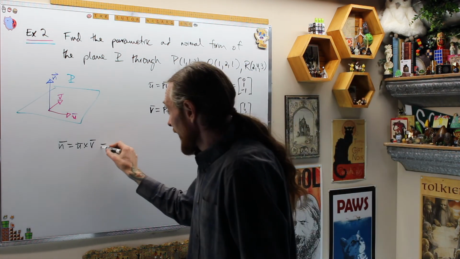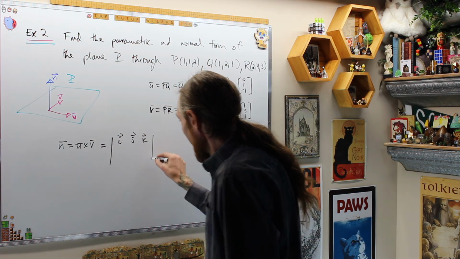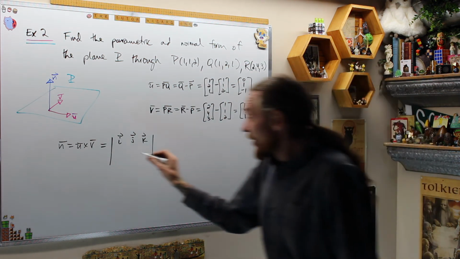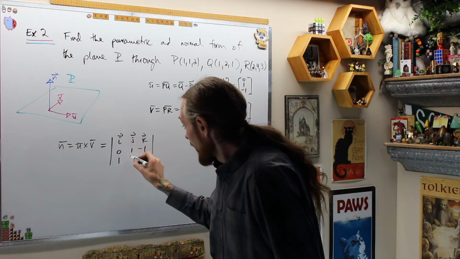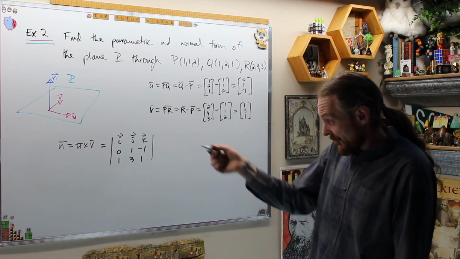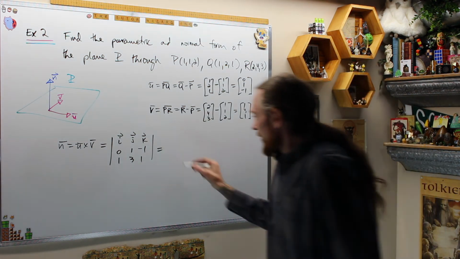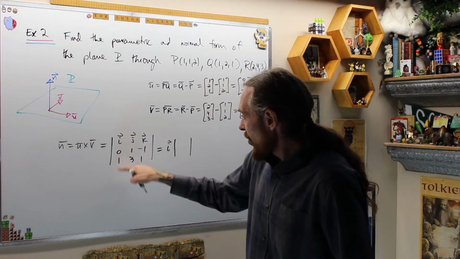We see that, what is this? This should be Pavlovian almost by now too. i, j, k. I put u in the second row. This is u, so 0, 1, minus 1. I put v in the last row, 1, 3, 1. And then I compute the 3 by 3 determinant by cofactor expansion along the top row, i, j, k. This is going to give me i times the 2 by 2 determinant by blocking off row 1 and column 1.